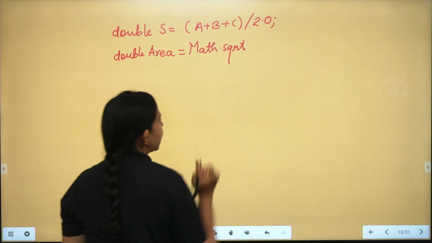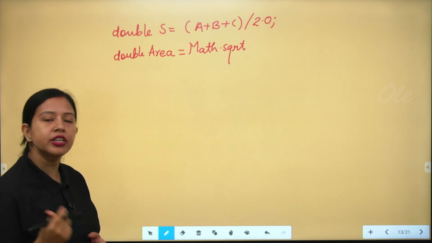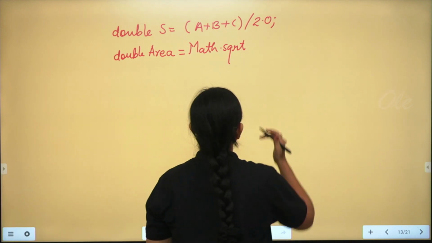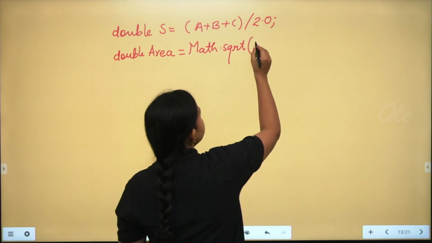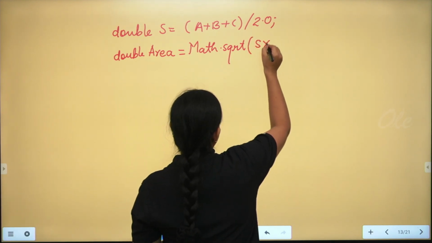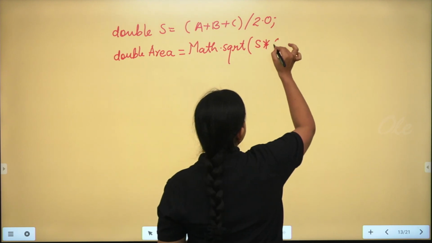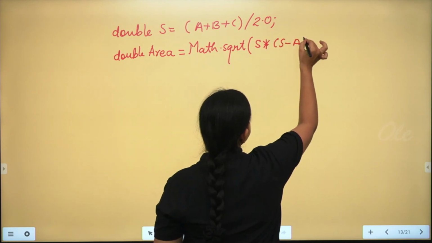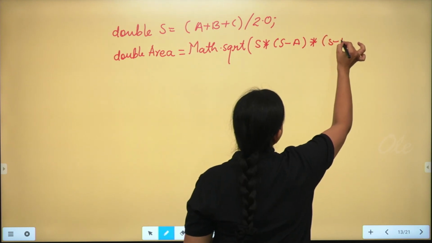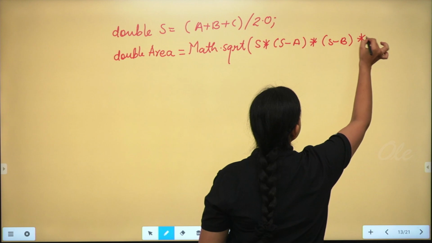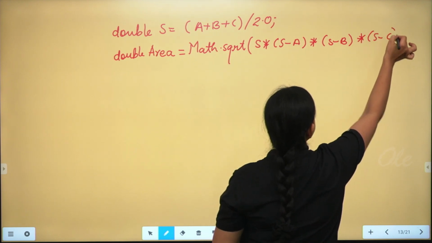Always remember, Math is a class which mostly returns a double kind of value. So that's why we are storing the data in a double. And inside it, we write the code s asterisk s minus a, asterisk s minus b, asterisk s minus c.